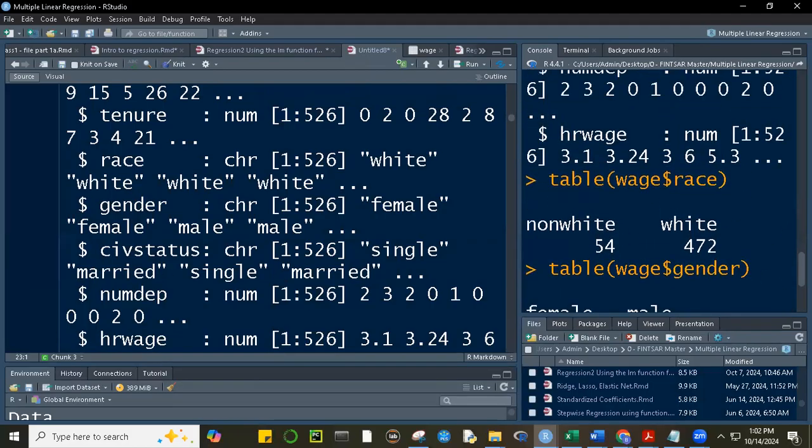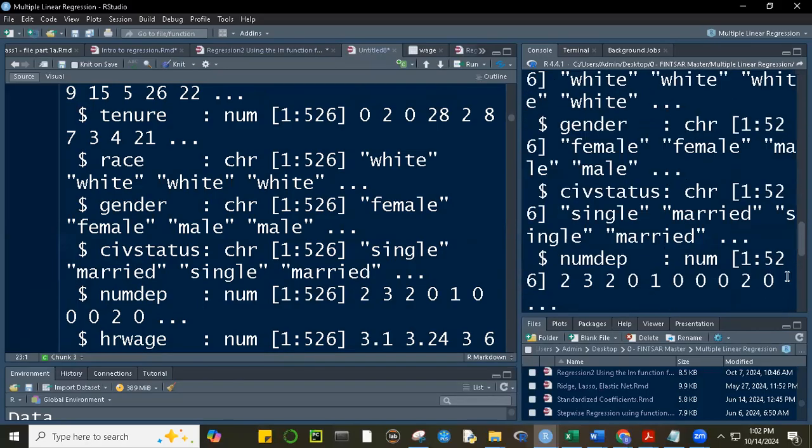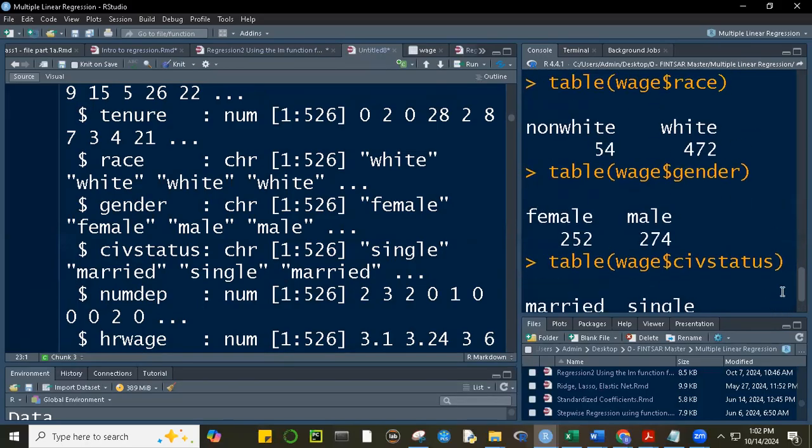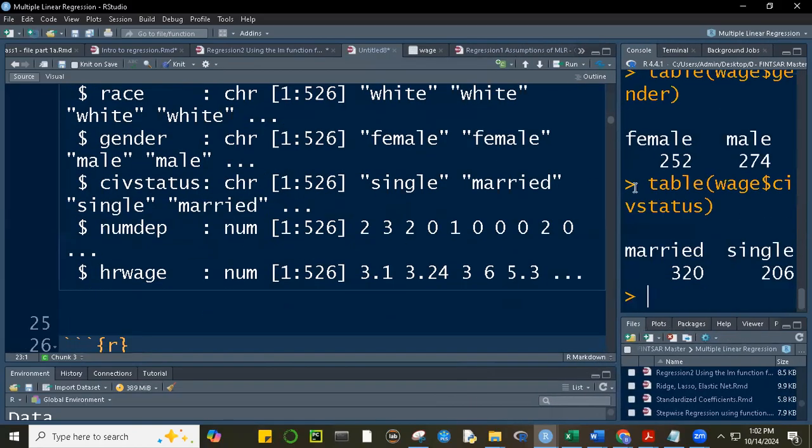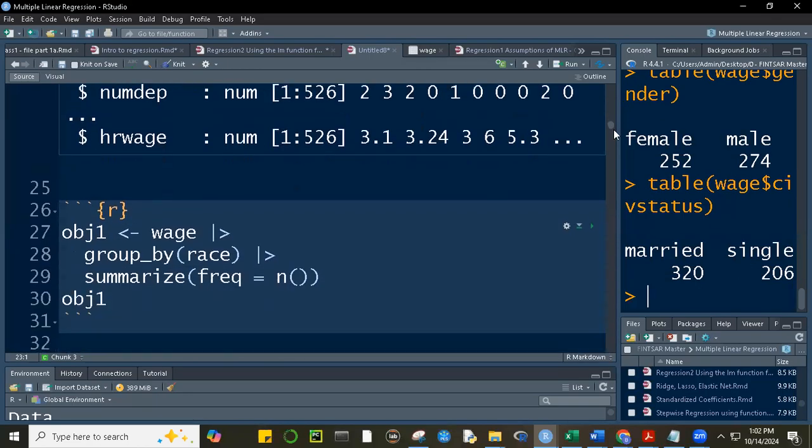However, they're a special type of character variables because they are what we consider as factors. Factors are character variables that can be used for classification. So for example, we can group by or classify female and male, married and single, etc. All right.